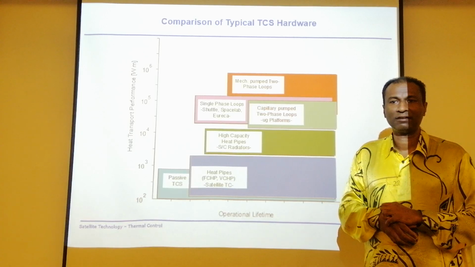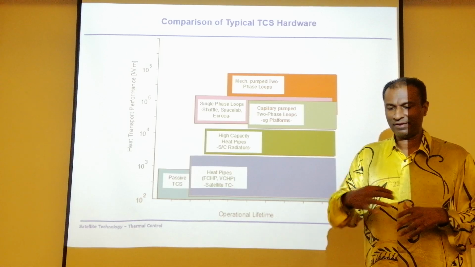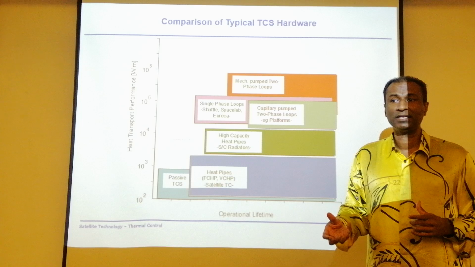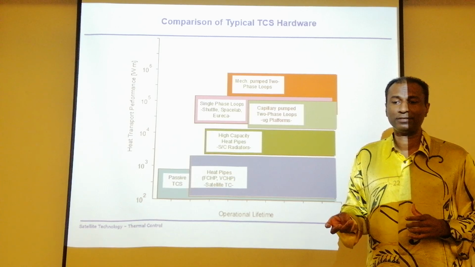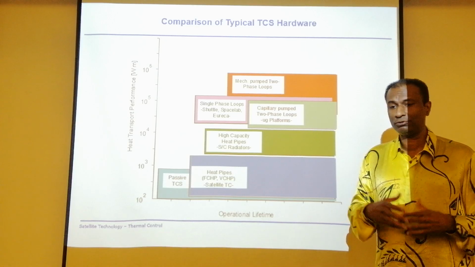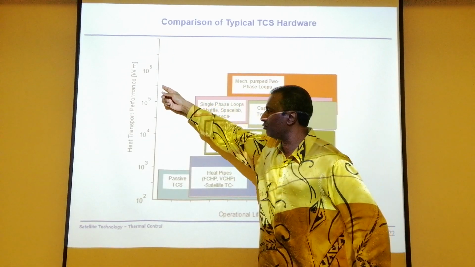Just imagine in your car, you have a radiator, a fluid cooling system, with a water pump which pumps the liquid to create a flow. So if you have a pump, it's going to be very fast in terms of cooling. Very good performance.